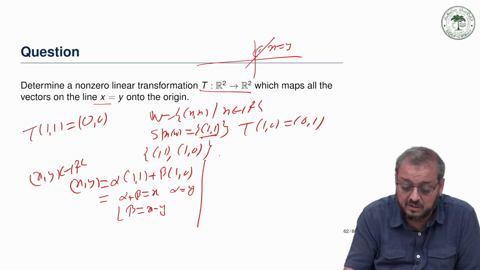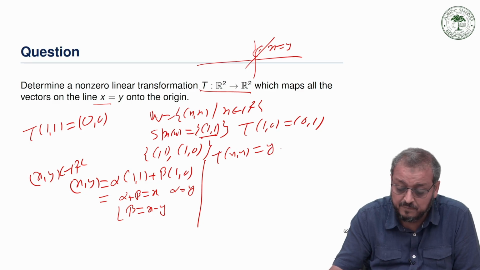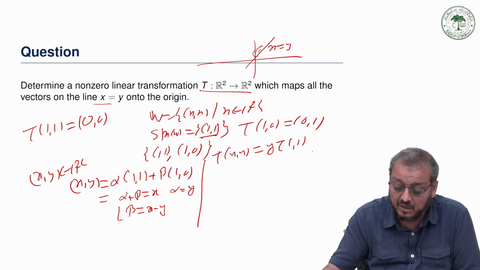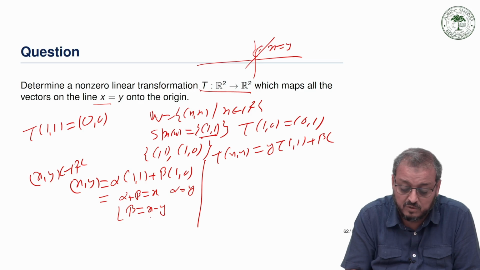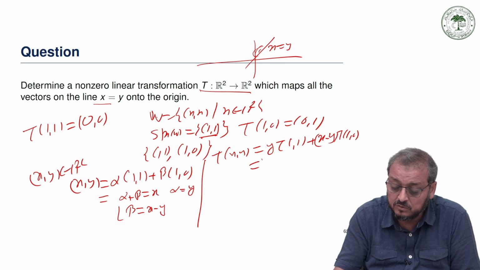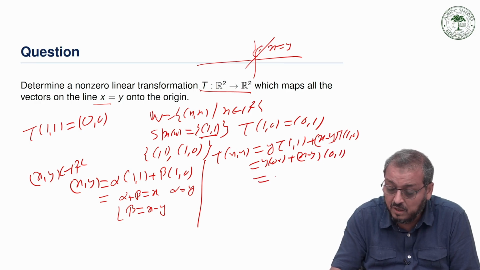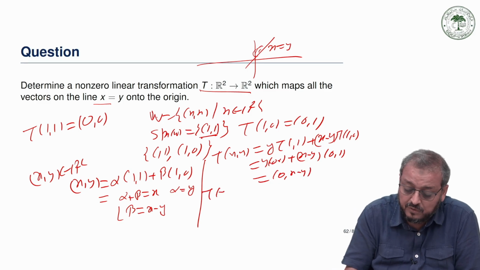So T(x, y) = yT(1, 1) + (x − y)T(1, 0) = y(0, 0) + (x − y)(0, 1) = (0, x − y).